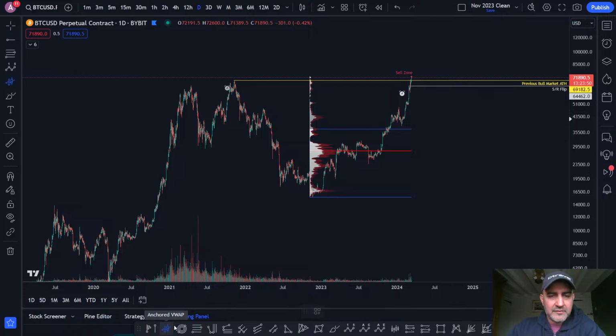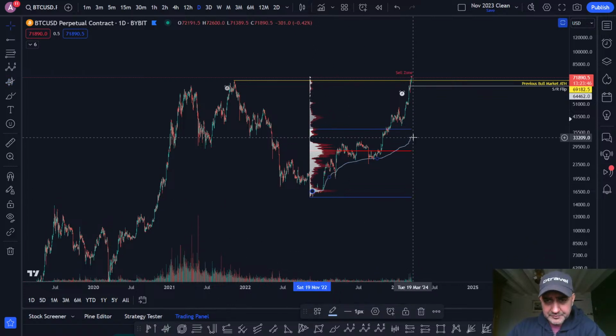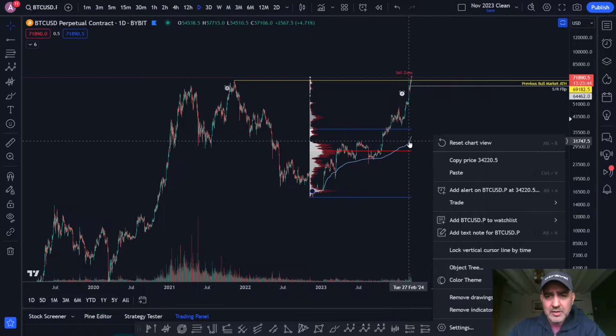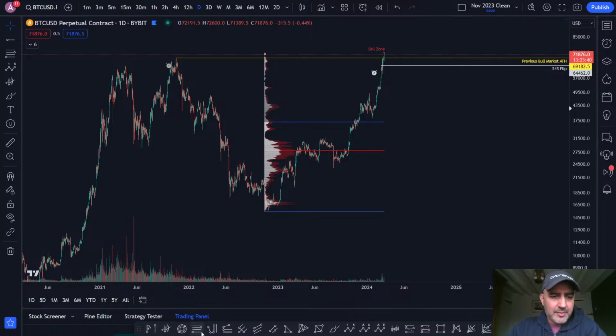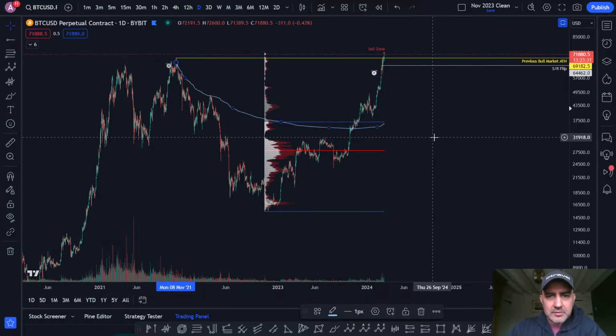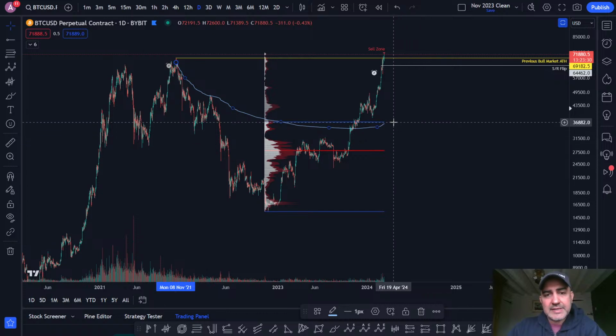I haven't shown you this. It's called the anchored VWAP. If you take an anchored VWAP from the lows here, actually that's much lower, so ignore that. Let me take an anchored VWAP from this high here, the previous bull market all-time high. Oh, that's much lower too.